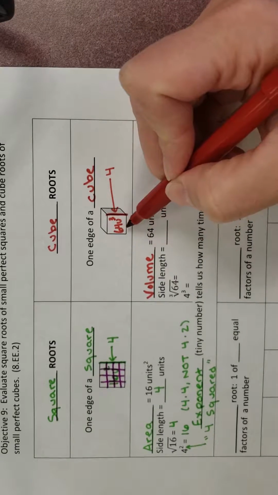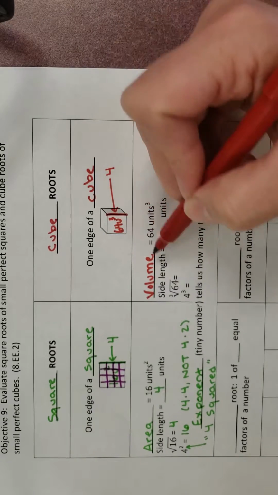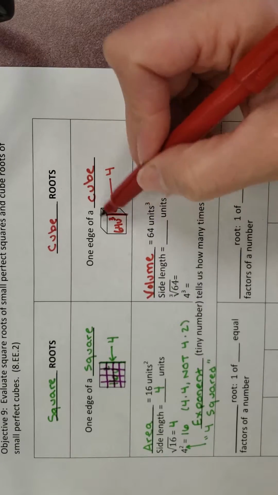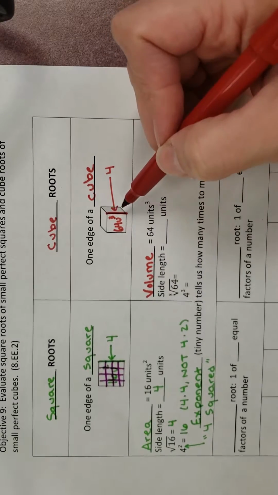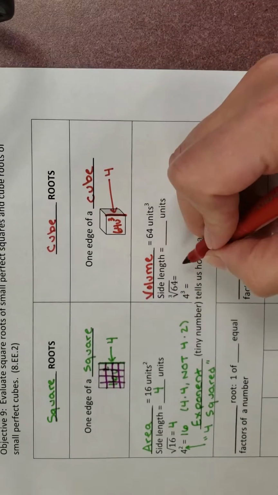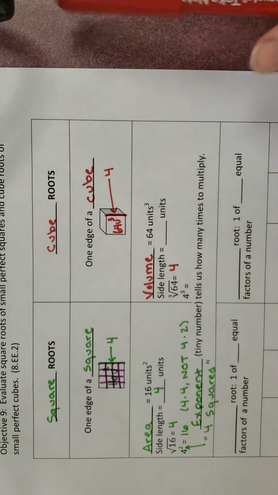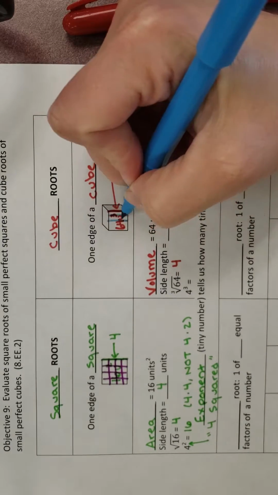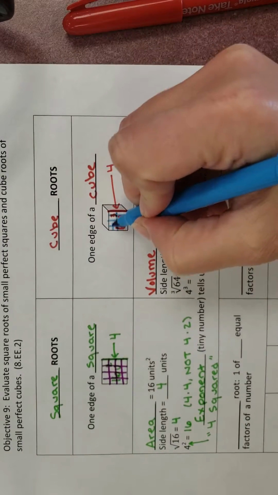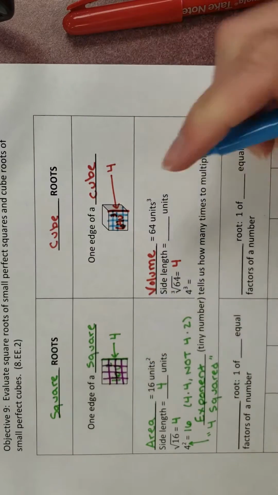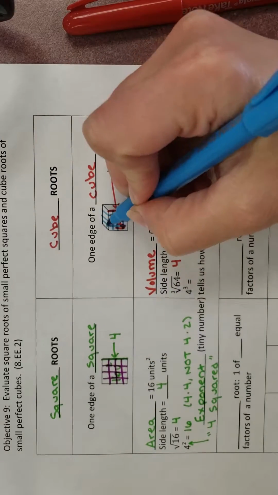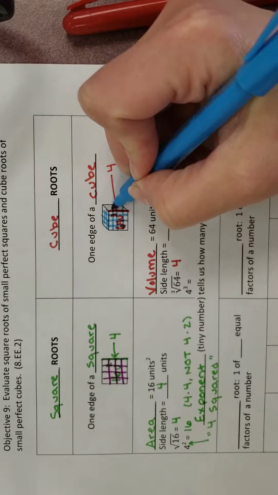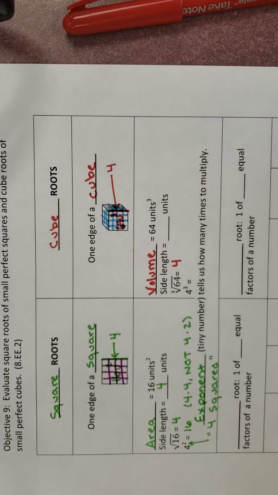So if I had a cube with 64 units cubed volume, that means within this larger cube, there's 64 smaller cubes, a side length would need to be 4, because the cube root of 64 is 4. If you wanted to do an illustration of that one, while wrecking our notes that we wrote in here, here's your 4 by 4 that you had with a square, but now it's extending to this other dimension here.